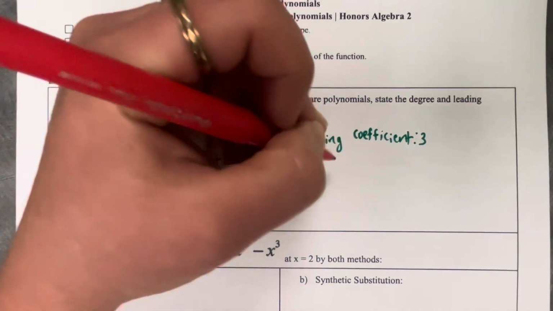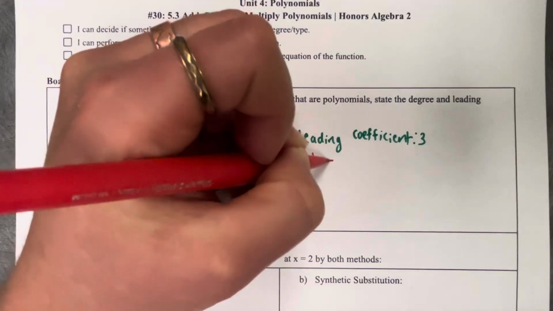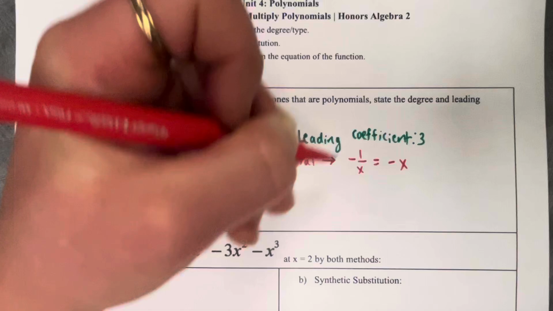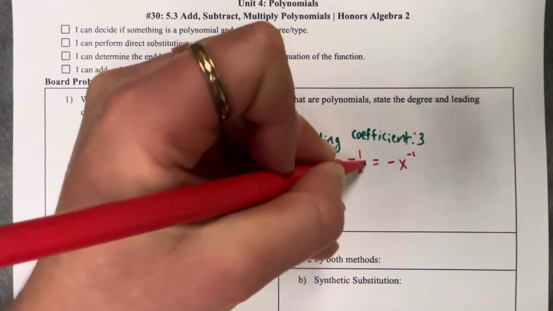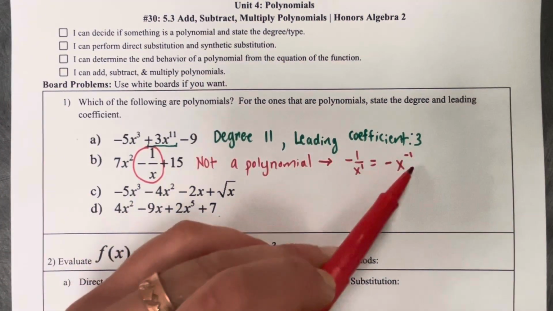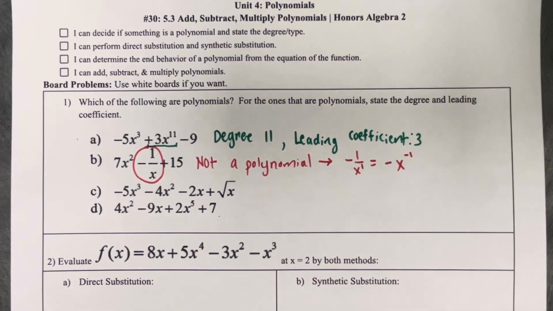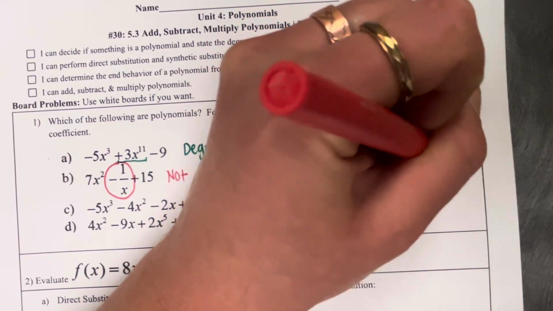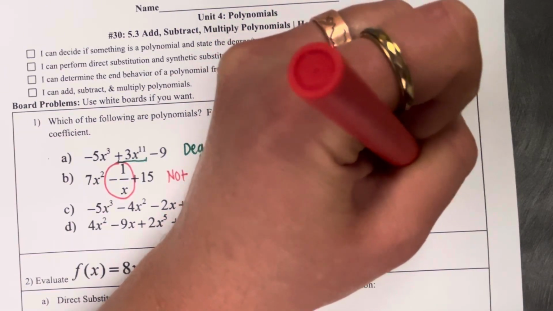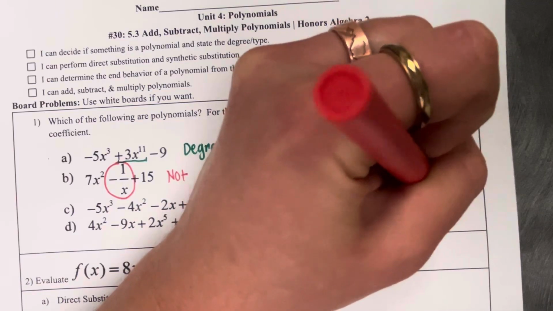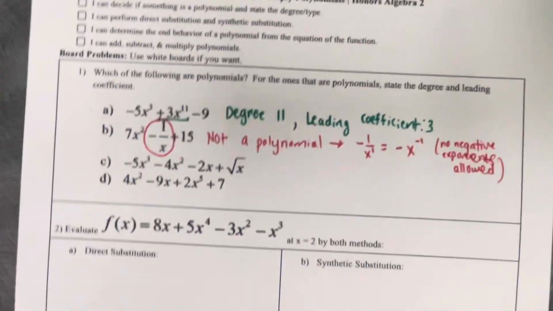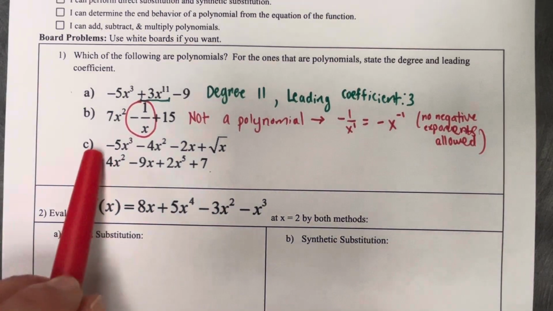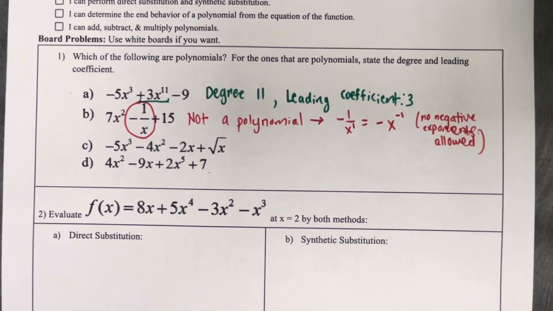So if we rewrite -1 over x, it's actually the same as -x to the power of -1, because when we flip over this fraction, we get a negative exponent. You can't have negative exponents in polynomials. No negative exponents allowed. So that's out of the question.